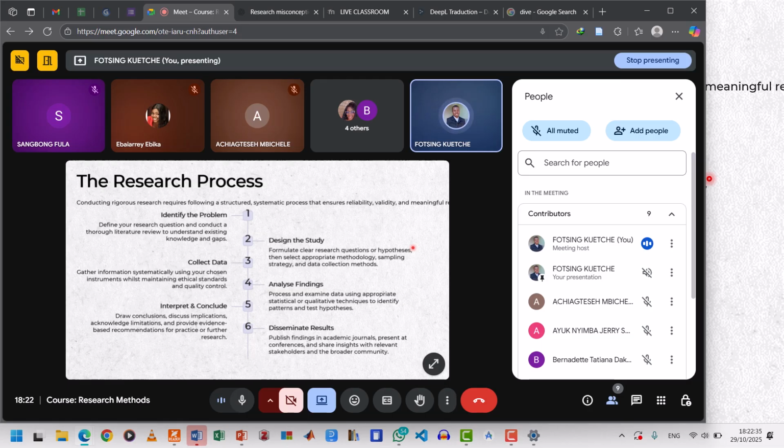But you should also note that it's not that if a research is quantitative, it cannot be qualitative. No, they can mix. We can have mixed types of research. So research can be descriptive, quantitative, and experimental at the same time.